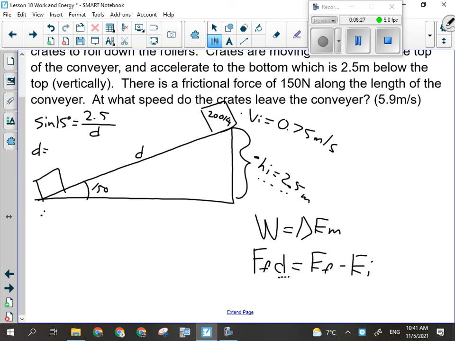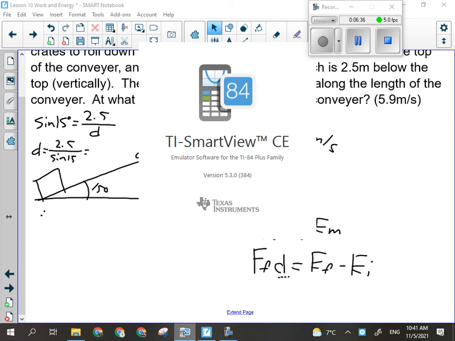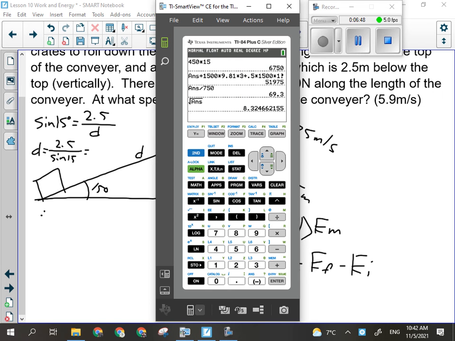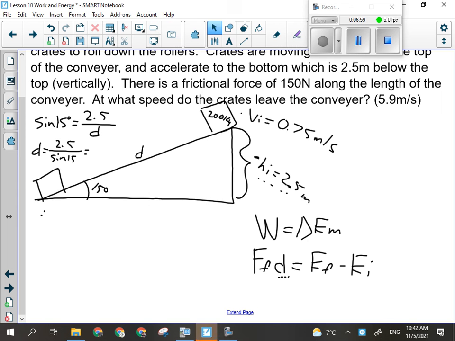So D equals 2.5 divided by the sine of 15. So the ramp is 9.66 meters long.